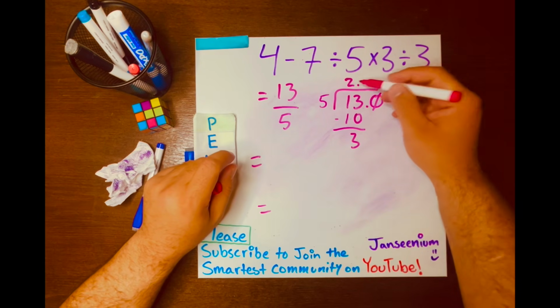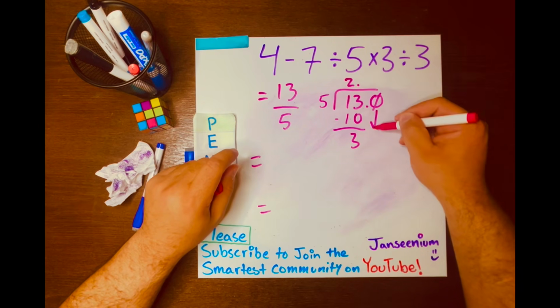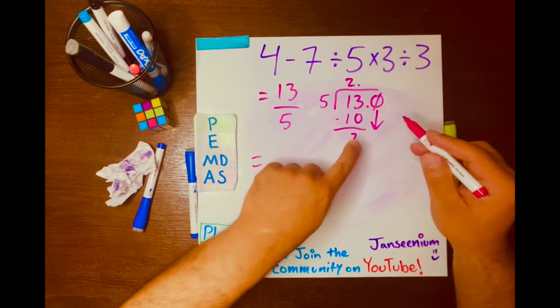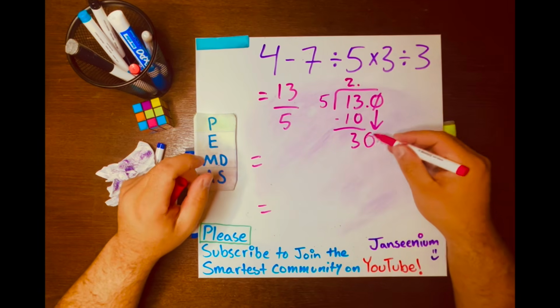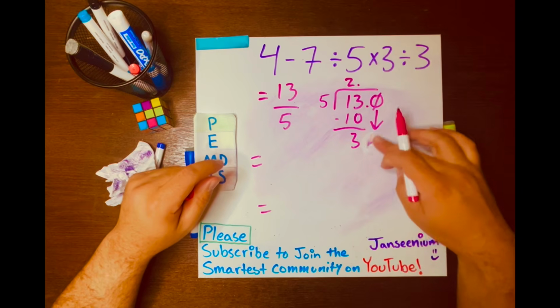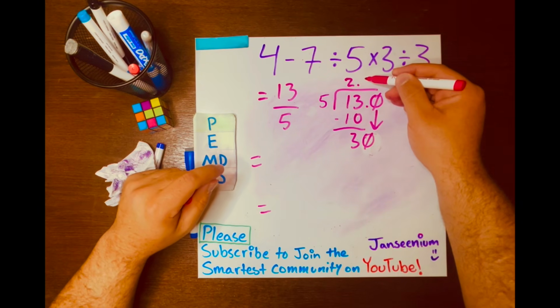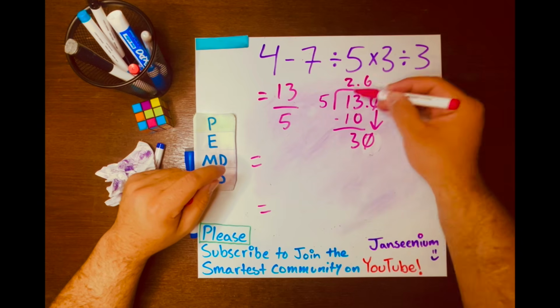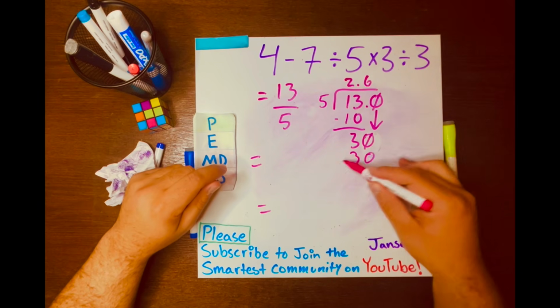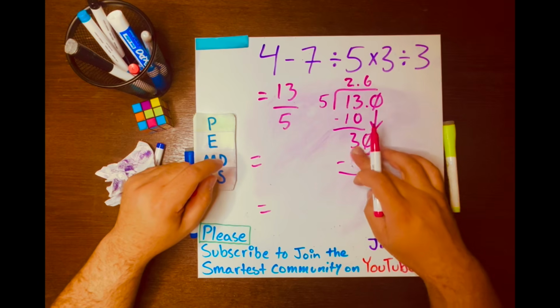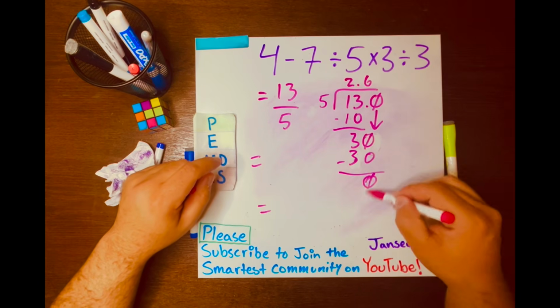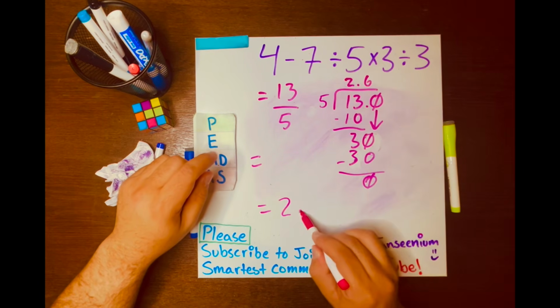Don't forget the decimals, and so drop the 0, give it to the 3. The 3 becomes 30. How many times can 5 fit into 30? 6 times. 6 times 5 is 30, and 30 minus 30 is 0. So your decimal answer is 2.6.